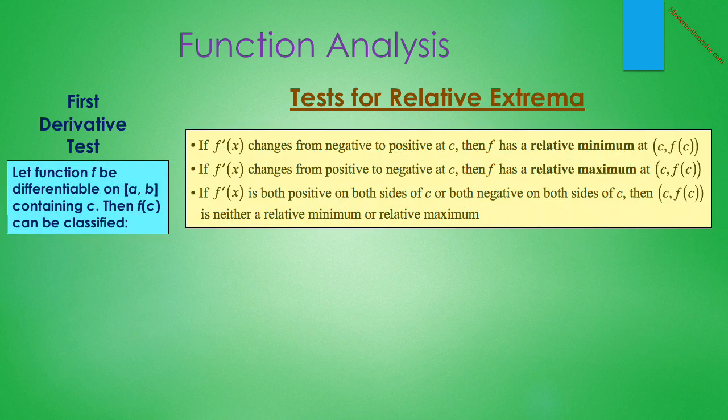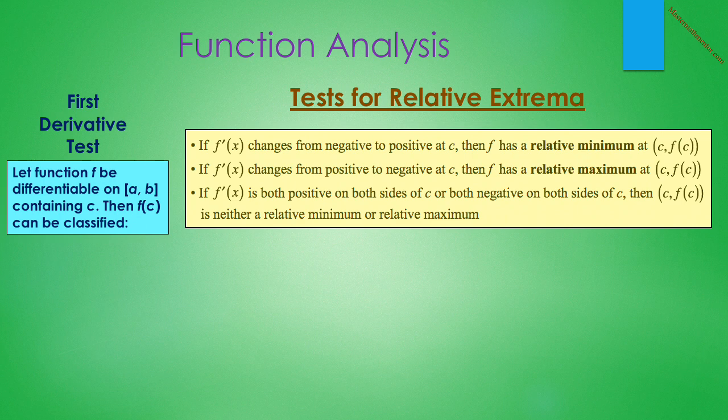Let's review a bit. In testing for relative extrema, we had our first derivative test. It stated that we will find all critical values, c, and first determine if f prime of x changed from negative to positive at x is equal to c by making a sign chart. Then f had a relative minimum at that point.